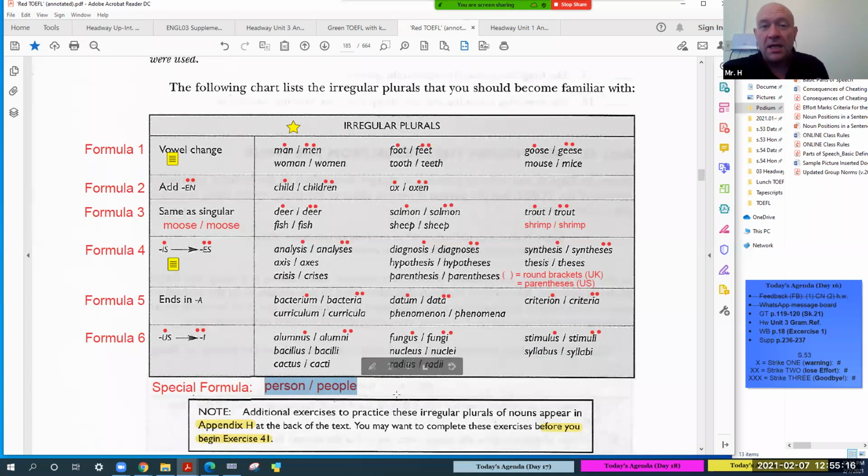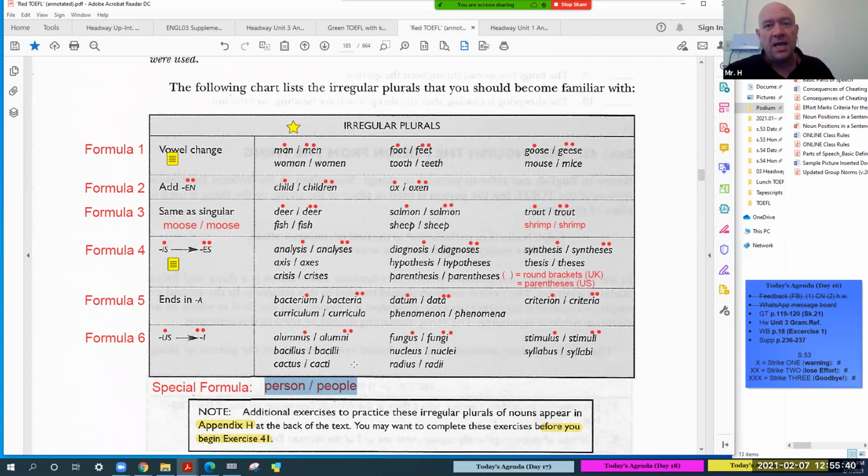People is irregular. We say 10 people, 20 people, 30 people. It's irregular, but it's a special formula. Only one word, just this word only. Person, people. Do you understand?